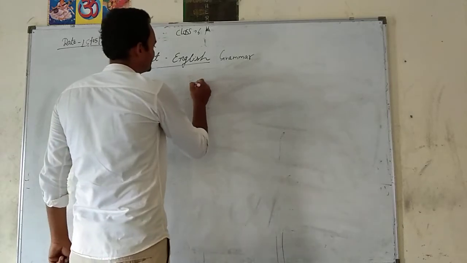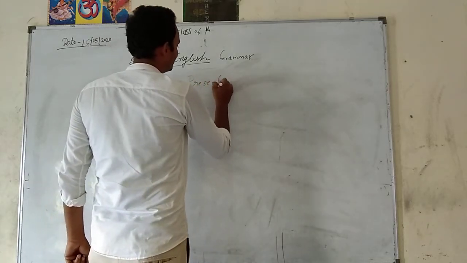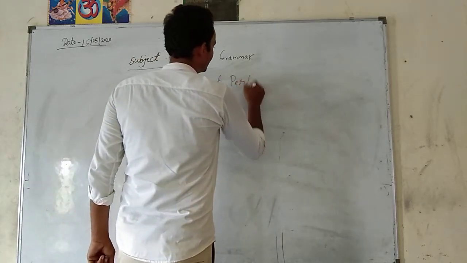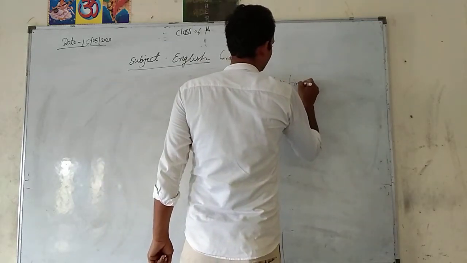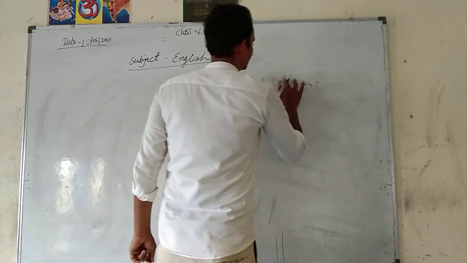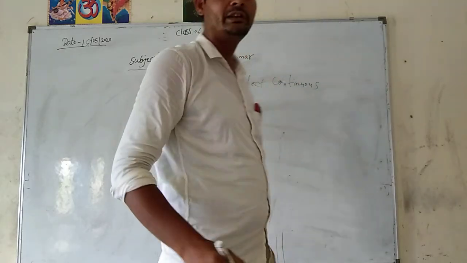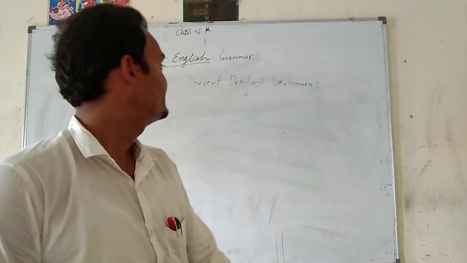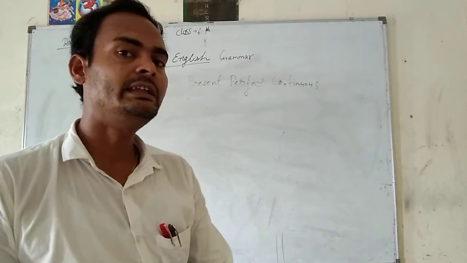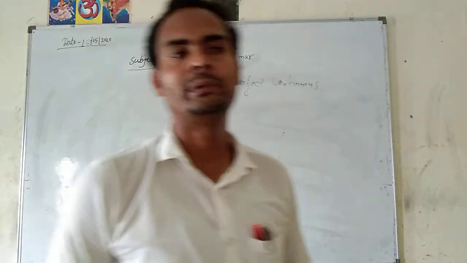Now present perfect continuous. As we discussed, present perfect continuous is for sentences of present time in which incidents are partially completed and partially running on.